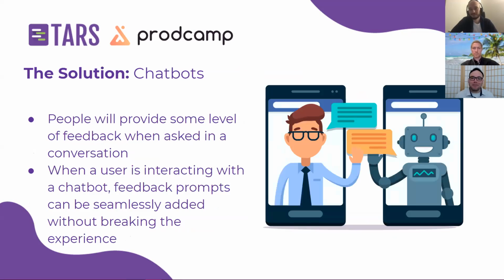And the reason being is because if you've ever had a conversation with somebody, we're very conversationally driven beings, and we are much more likely to actually reveal feedback through conversation when asked for it, right? This particularly doesn't work well when you send somebody a link and say, hey, can you fill out this 15-minute form? They're not really gonna respond well to that.